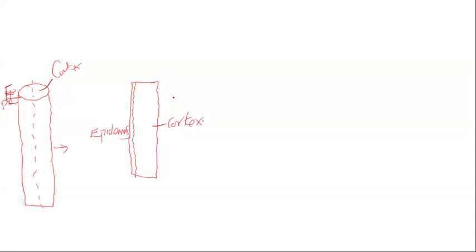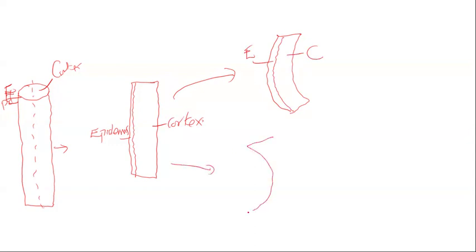So curvature can happen in two ways. You can have a case whereby curvature happens like this, with this being the epidermis and this being the cortex. Alternatively, we can have a case where curvature happens this way, with this one now being the epidermis and this being the cortex.